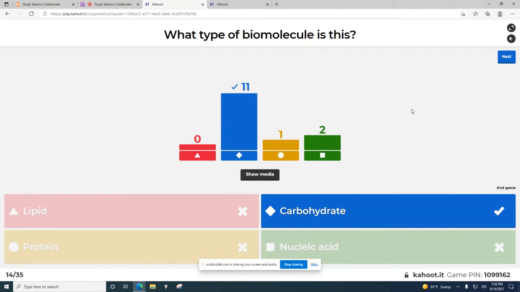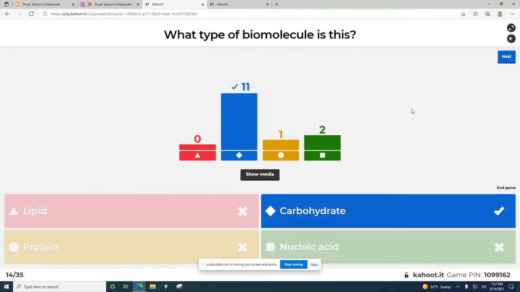Would you just suggest all those diagrams to learn them, like flashcards or Quizlet or something? It's really hard for me to picture the diagrams and put them with the name. Yeah. So I actually think that Quizlet would be a great idea. And just knowing how to pick out those iconic traits. Even if you didn't know what a carbohydrate looked like, it's in the name, right?